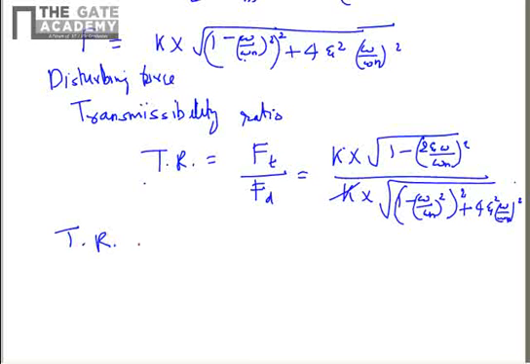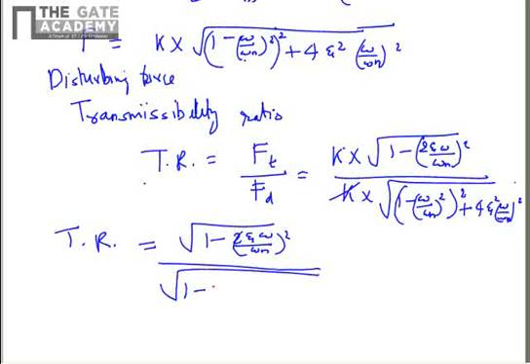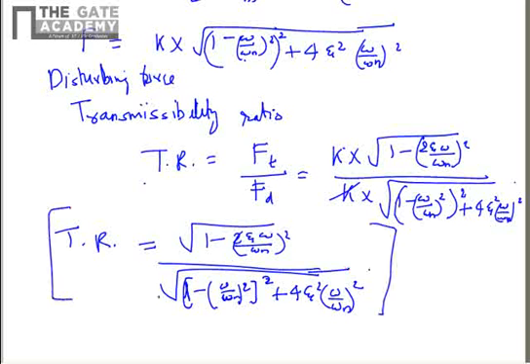You get transmissibility ratio equal to the square root of 1 plus (2 zeta omega by omega n) whole square, divided by the square root of (1 minus (omega by omega n) square) whole square plus (2 zeta omega by omega n) whole square, the expression that was in the denominator of the magnification factor. So this is the formula for the transmissibility ratio. It is again in terms of the natural frequency, the forcing frequency, and the damping factor.